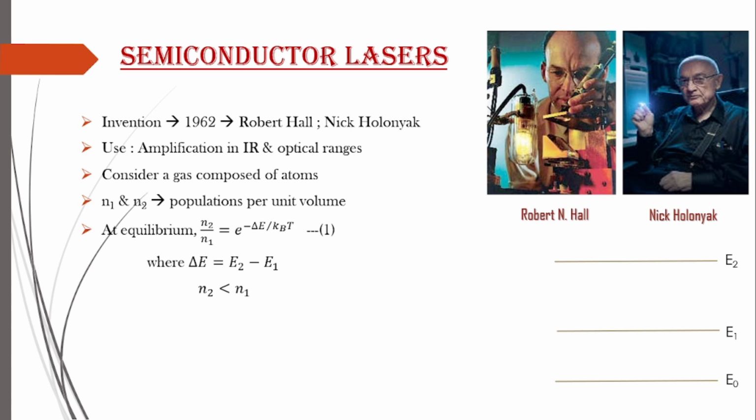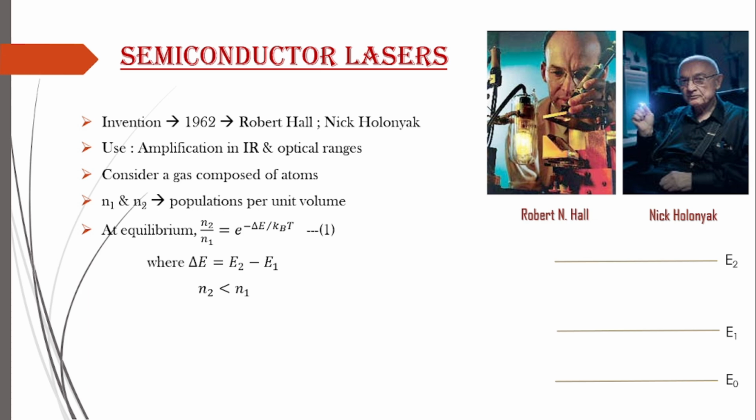We know that laser means light amplification by stimulated emission of radiation. So here we need emission. Emission means the higher energy state should have some number of electrons so that they jump downwards to the lower energy state, meanwhile emitting some radiation.